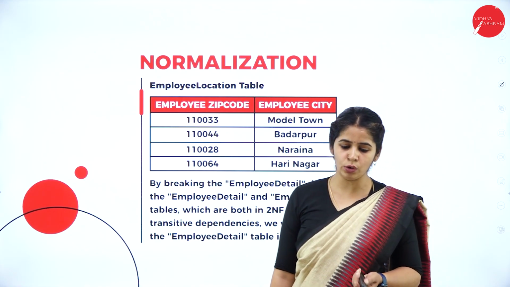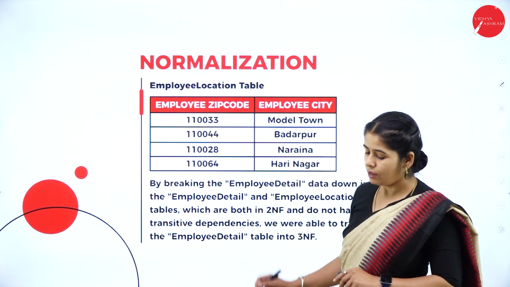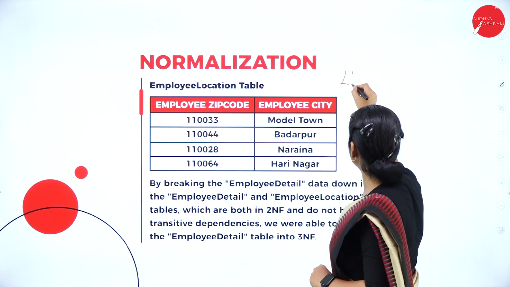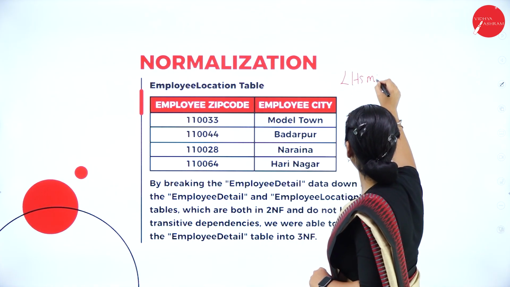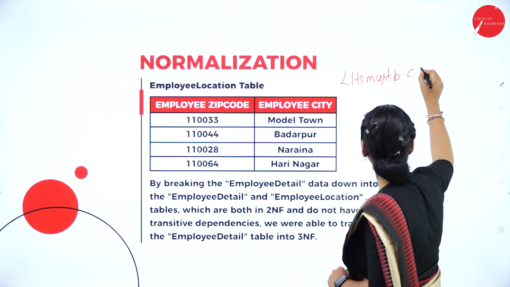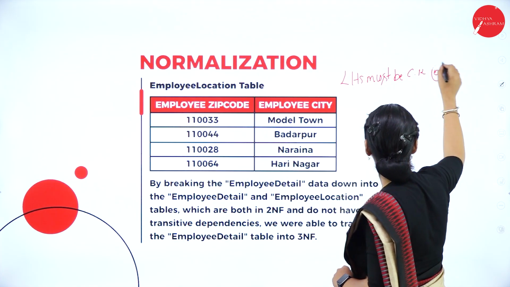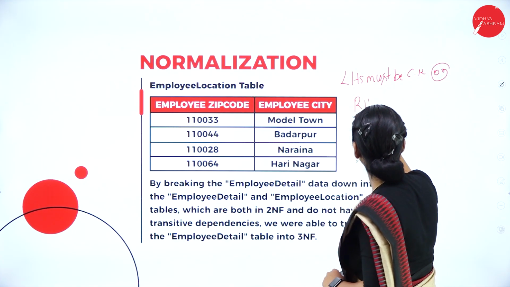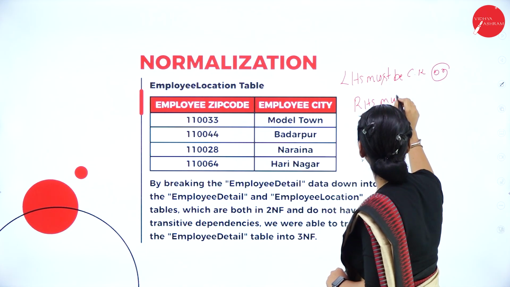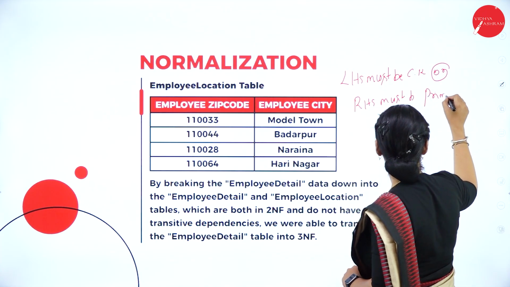The condition to check whether there is a transitive dependency or not is: the first is LHS must be a candidate key, or RHS must be a prime attribute.